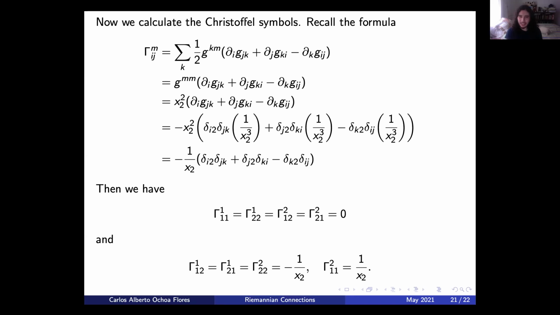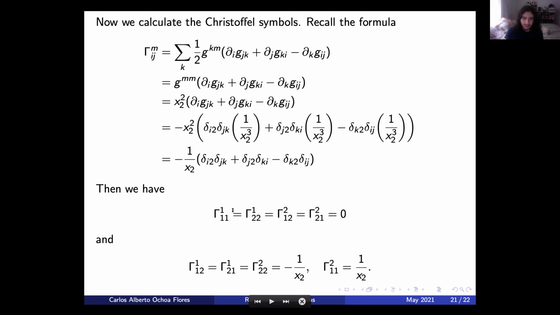Actually, it seems to be much simpler to do everything in terms of an arbitrary function, instead of using the explicit function, but then one doesn't have the explicit value of the Christoffel symbols. One simply arrives at an expression for the sectional curvature, and that is a much more manageable expression.